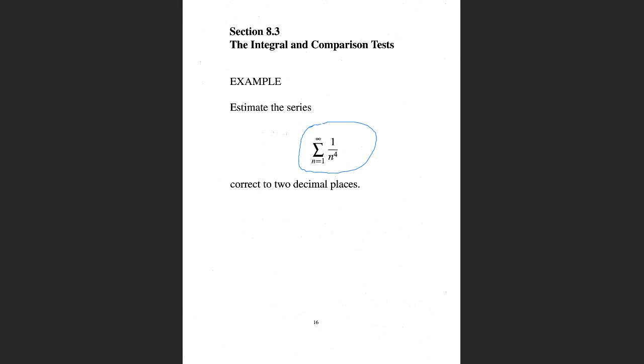This series here, let me ask you, does this series converge? They're saying estimate this series correct to 2 decimal places. We want to know, first of all, if it converges. And I can tell you, it would kind of be silly to ask this question if it didn't converge, right?